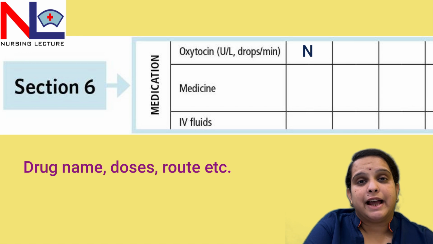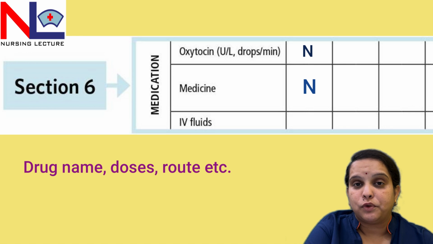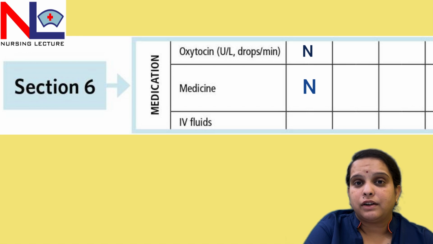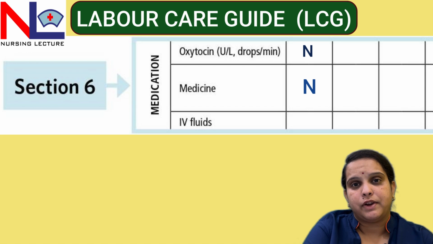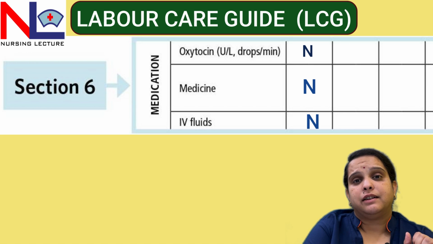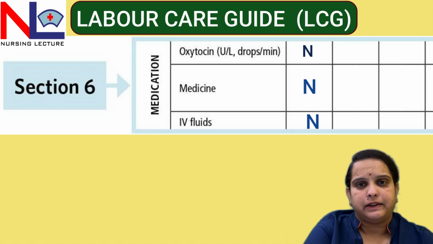And below that is IV fluid. According to WHO, there is no recommendation of IV fluid. So if IV fluids are not infusing, then we have to write N. And if we are infusing, then we have to mention the name of the IV fluids and their details.